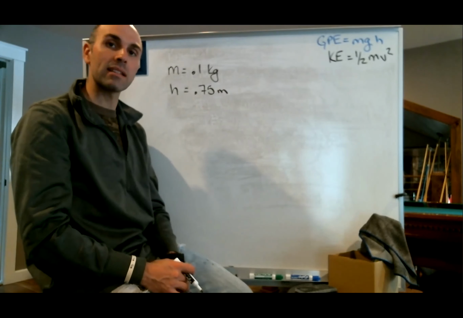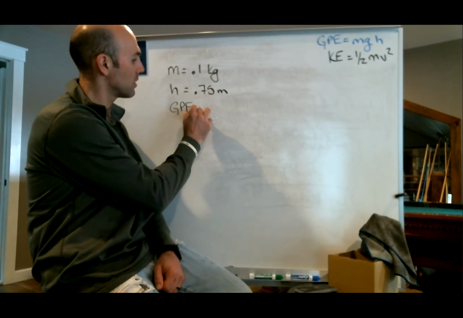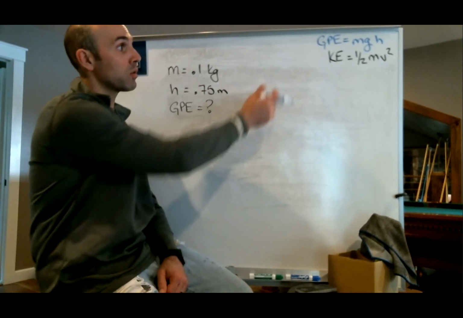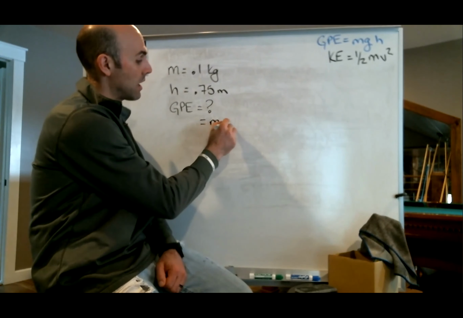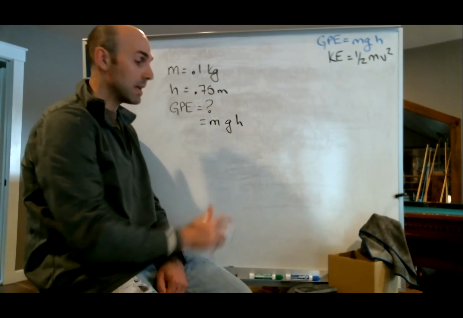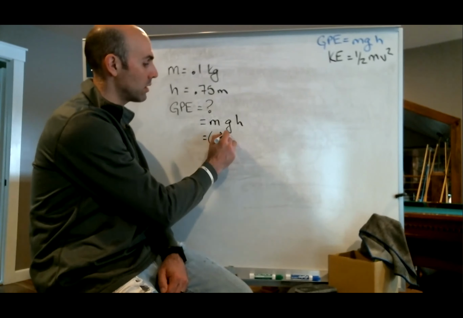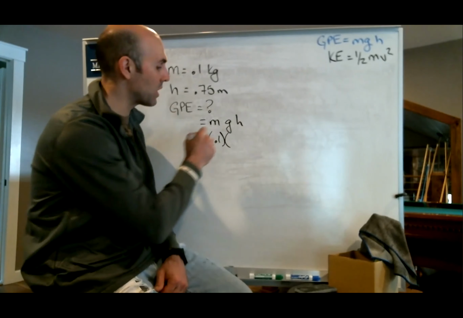And let's see, I would like to find how much gravitational potential energy that eraser has. So what we'll do is we'll go to our gravitational potential energy equation. That equals mgh. And we'll just simply plug and chug on this. The mass is 0.1. The g is what number? 9.8, very good.